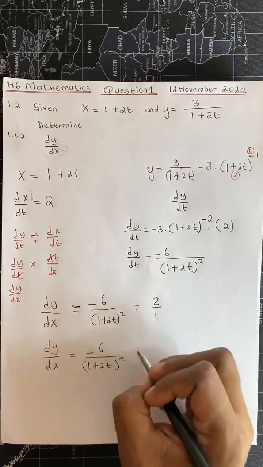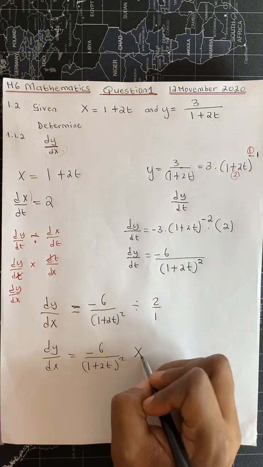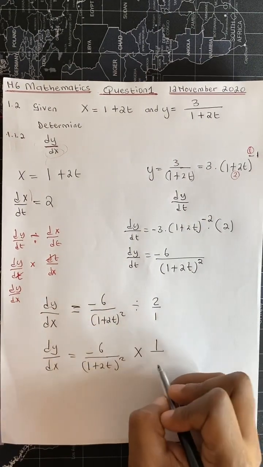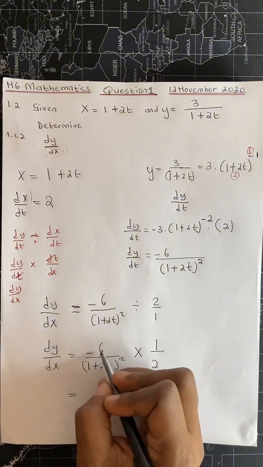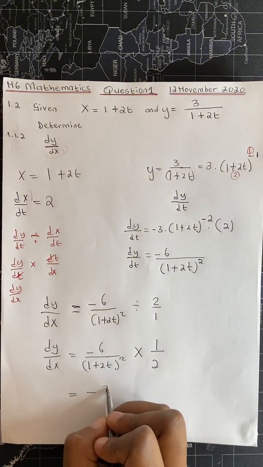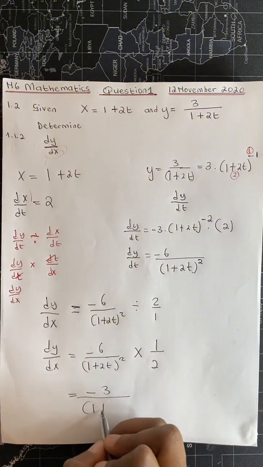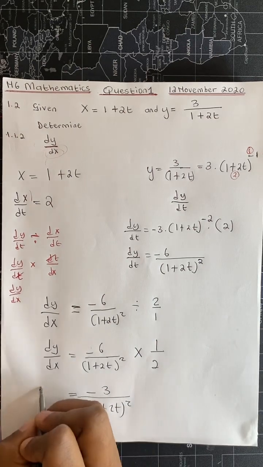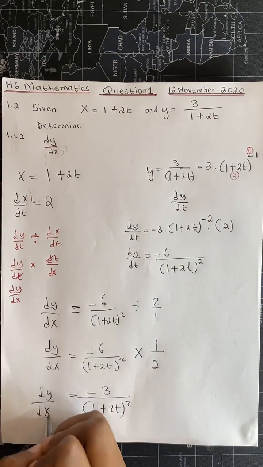That division changes sign from division to multiplication, and those will flip. So negative 6 divided by 2 will be equal to negative 3 over (1 plus 2t) squared as our dy over dx.